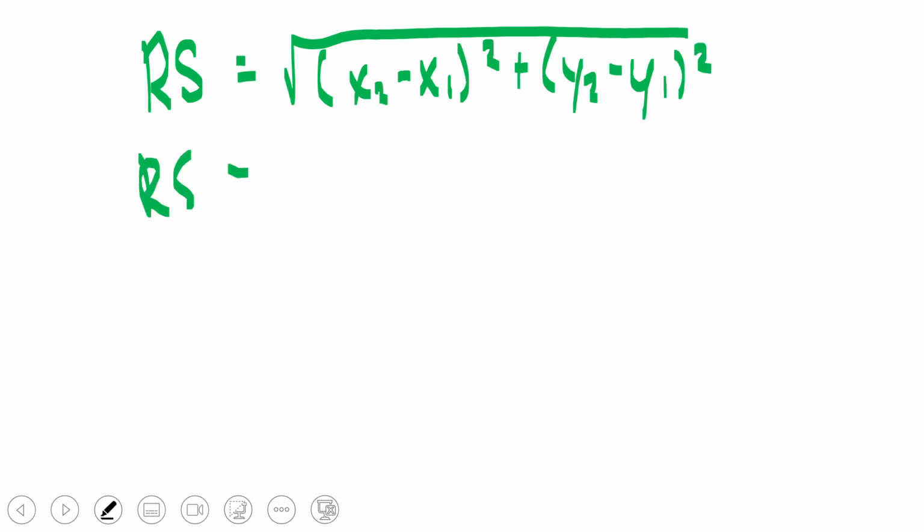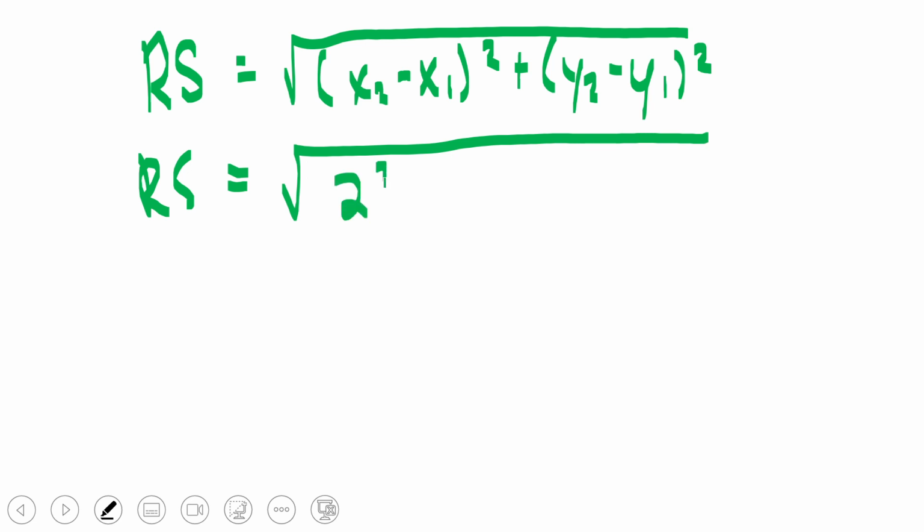So RS would be this when we pop in those values, 2 squared plus 3 squared. Where do we get those? Find your points, your plotted points x and y, to determine those.